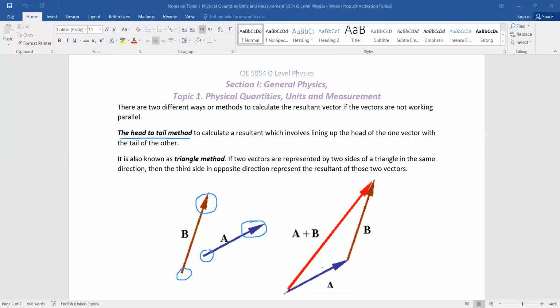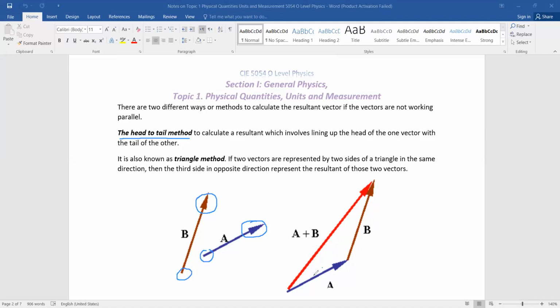If you start from here, A, then it goes to B. That means the arrows are working in the same order. But the resultant's direction is working in the opposite.